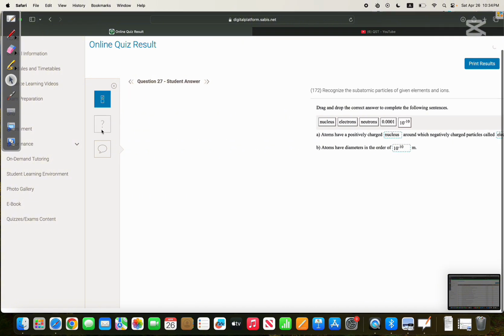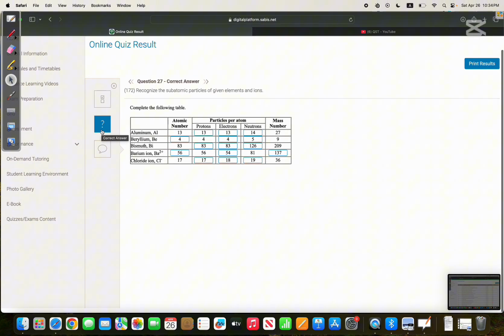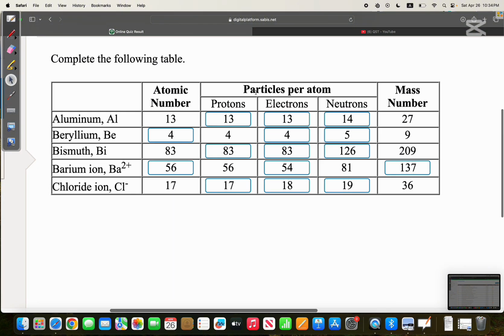Number 27. Complete the following table. Okay, so here they said aluminum has an atomic number of 13, which means it will have 13 protons and 13 electrons, because they didn't mention if it's positively or negatively charged, so it's neutral, meaning that the protons and electrons are the same.